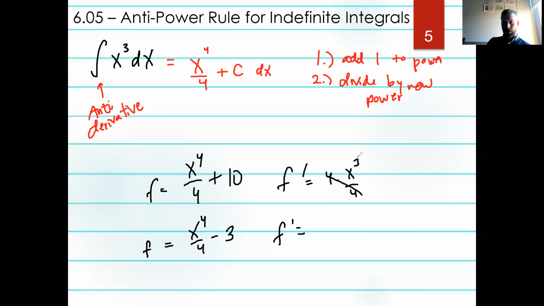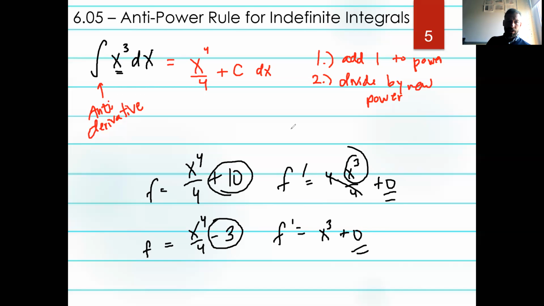Those 4s would cancel, so that gives me my x to the third. This is me checking. But if I took the derivative of 10, I'd get plus 0. Same thing down here. If I took the derivative of this one, I get x to the third plus 0. So I get the same thing in each case, because remember, when we take the derivative of a constant, it's always going to be 0.